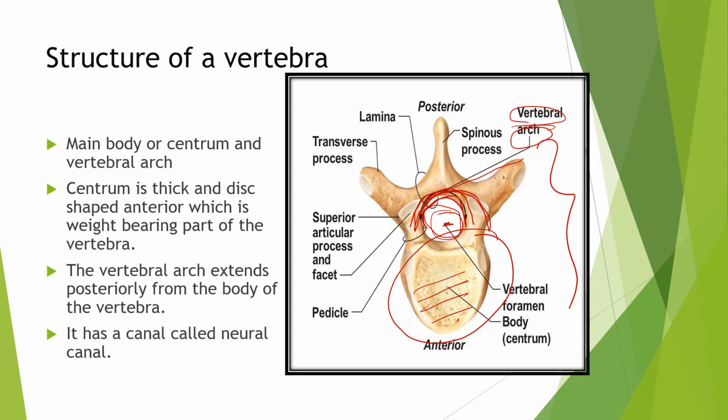Is it clear? So it is a flat and longitudinal projection. Now next, the 7 processes that arise from this vertebra. When you are learning this, please keep the diagram in your hand, otherwise it will be very difficult for you to learn each and every part of the structure of this vertebra.